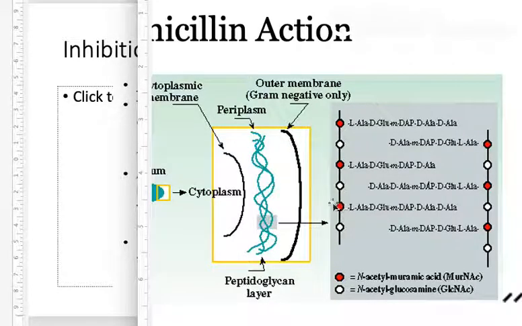This red polymer is called NAMA. And this NAMA alternates with another polymer called NAGA or N-acetyl glucosamine. So this entire chain consisting of NAMA alternating with NAGA is going to be the peptidoglycan layer.